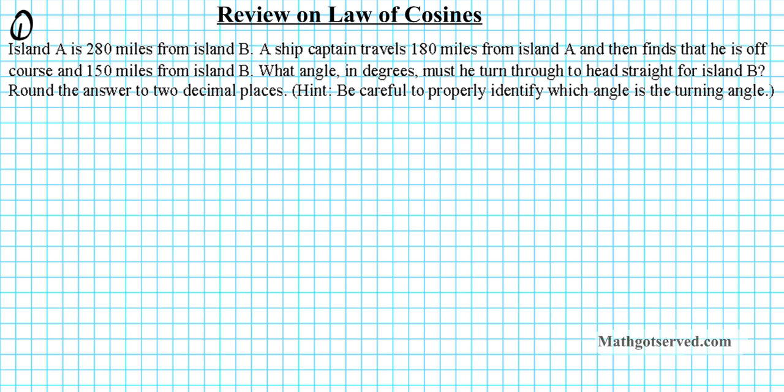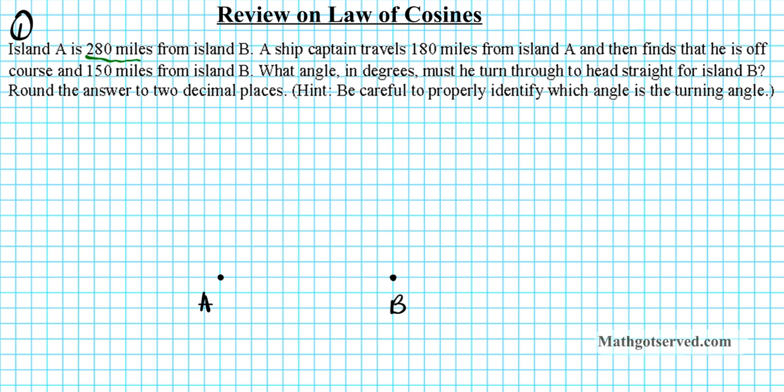All right, so to get us started, let's identify or locate Island A and B somewhere on our grid. Let's say Island A and B are located on those 2 points. In the first piece, we're told that the distance from Island A to B is 280 miles.